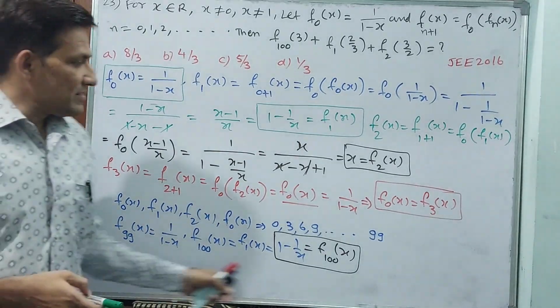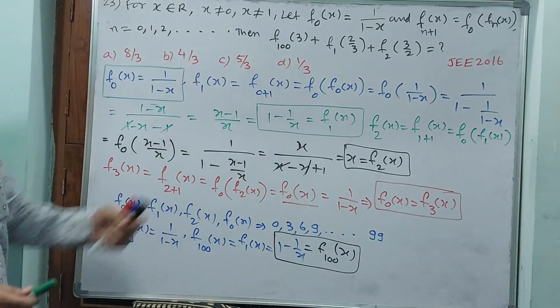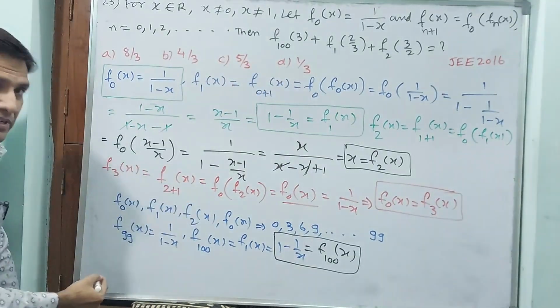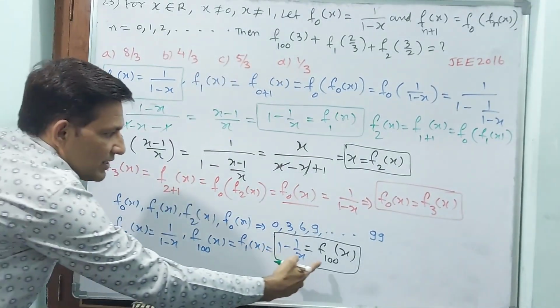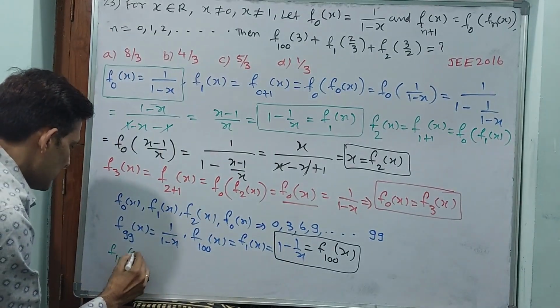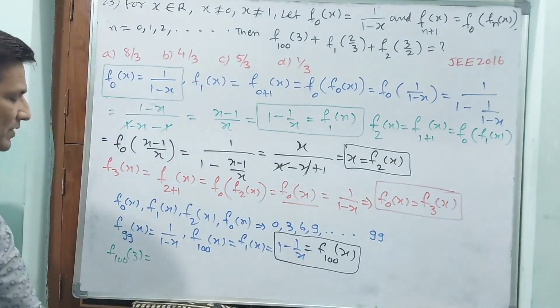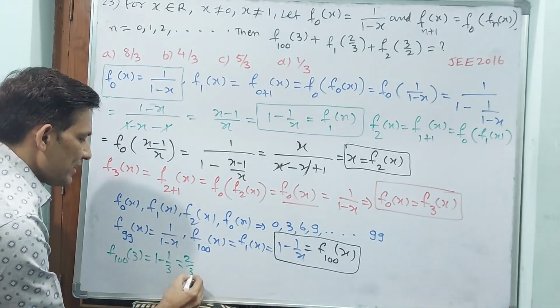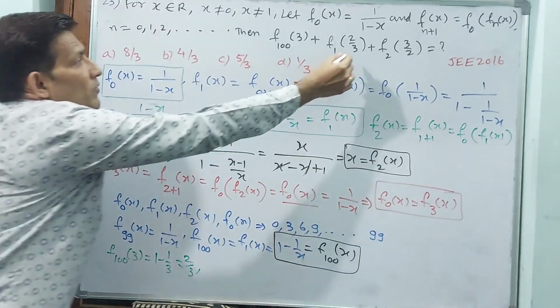I think this space is enough to finish here. I am writing now. f100 of 3 means what are we going to write? I am writing straight away. f100 of 3 means here 3 you are keeping. f100 of 3 is equal to 1 minus 1 by 3, 3 minus 1, 2 by 3. Okay? Then go for this one.